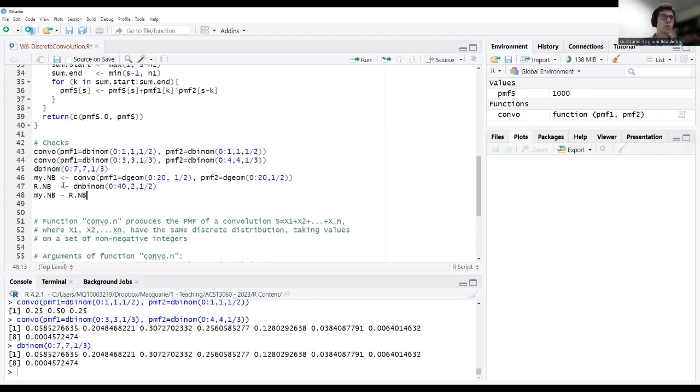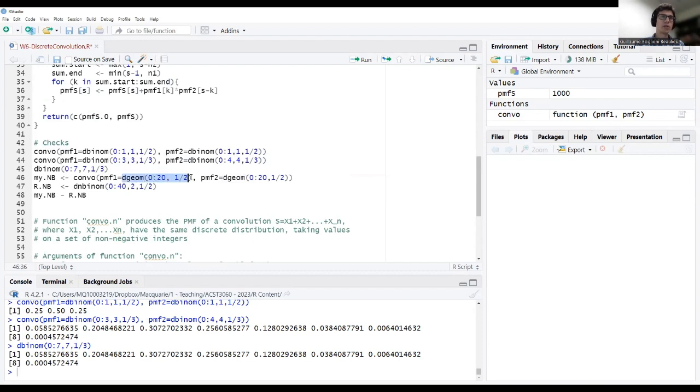Let's do just one more trial where you could find a convolution of one geometric plus one geometric with the same p, which should give you a negative binomial with parameter 2 and p. But now, what I said at the beginning is that theoretically the geometric has support 0 to infinity.